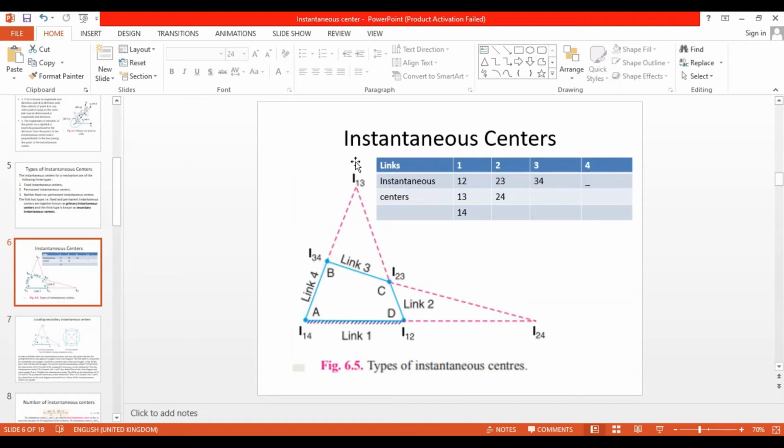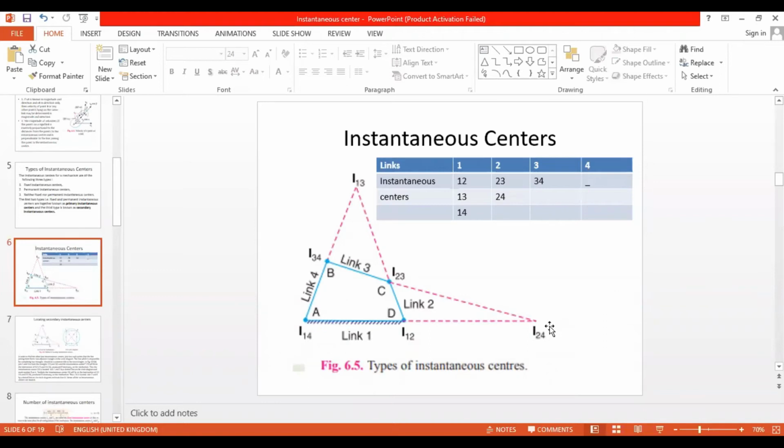And here we have I13, and there I have I24. These two are neither permanent nor fixed instantaneous centers, so they are the secondary instantaneous centers. I13 and I24 are the secondary instantaneous centers.